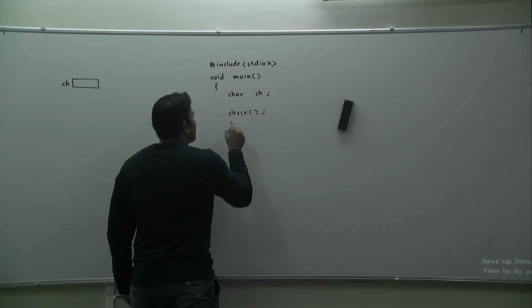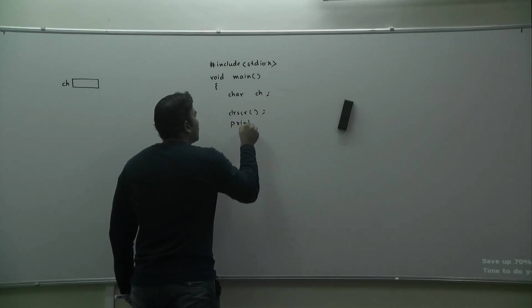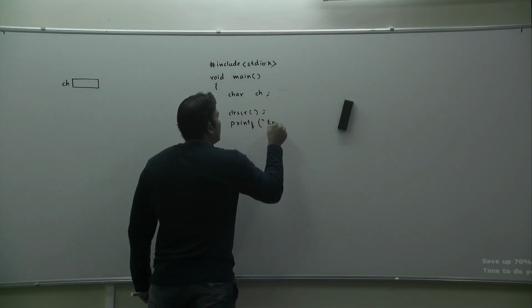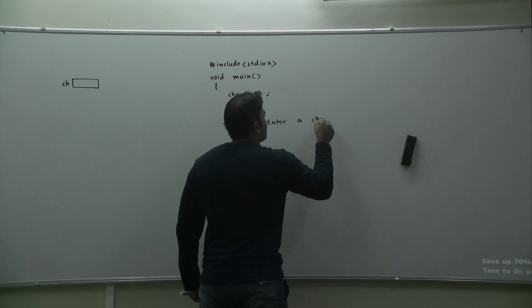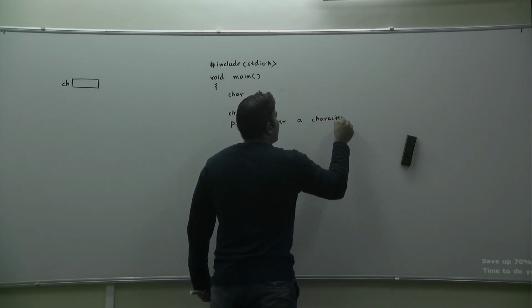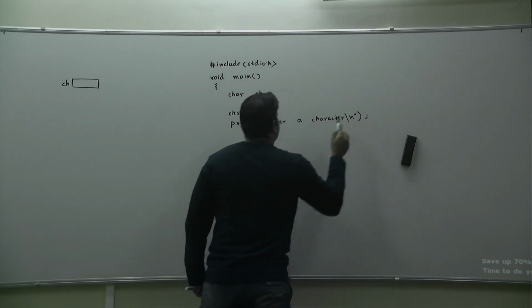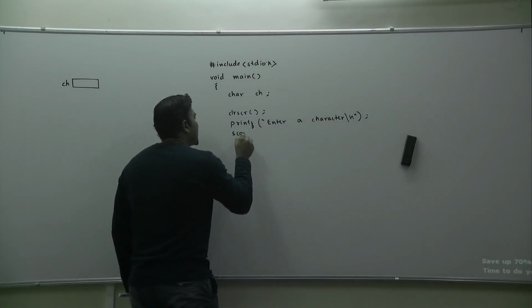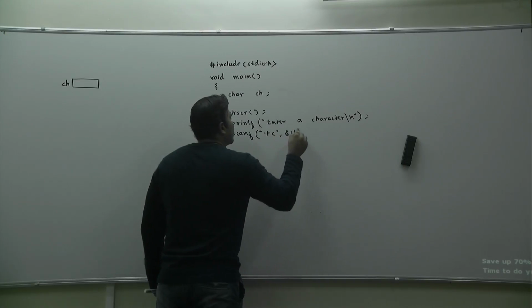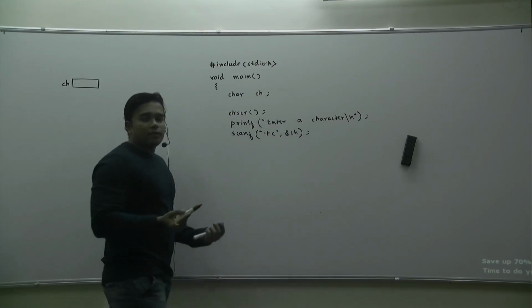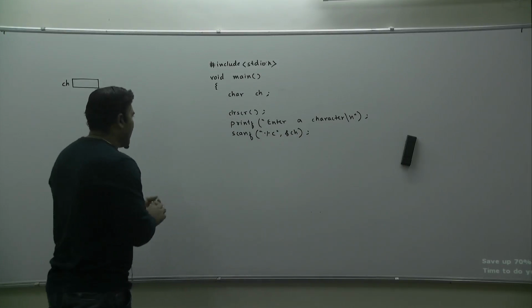For this one character variable ch, 1 byte would get allocated. Next I will write clear screen. After clearing the screen, I will ask the user to enter a character. Whatever character the user enters, I will scan, collect it, and put it in ch. Maybe the user enters the character a.